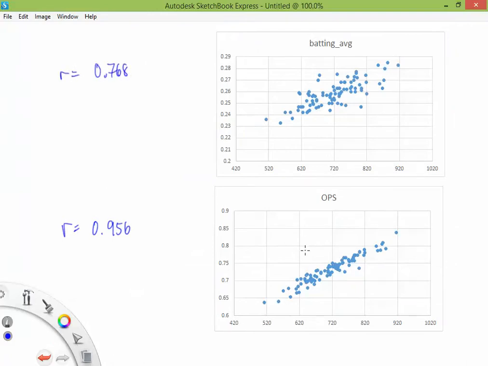So here this is very much like a straight line, and this one is pretty straight, but with a little bit of scatter.